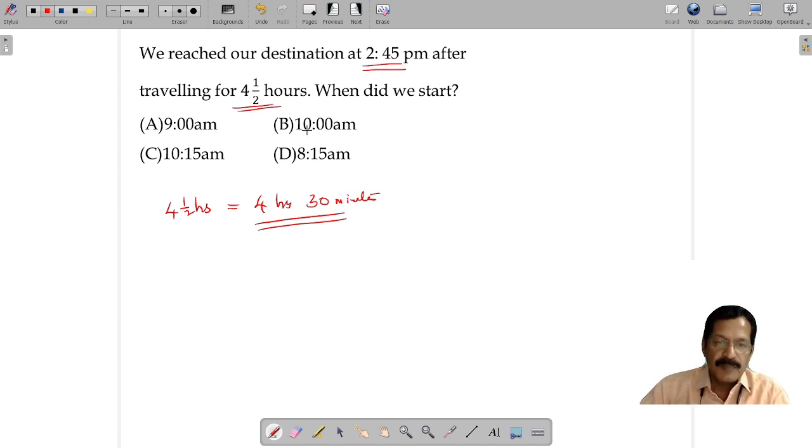Because if we start at 10 a.m. and travel 4 hours and 30 minutes, we will reach the destination at 2:30 p.m. Option C, 10:15 a.m. Starting at 10:15 a.m. and traveling 4 hours 30 minutes, we will reach the destination at 2 hours and 15 plus 30, 45. So 2:45 p.m. So option C is the correct answer. This is the way of converting hours into minutes and answering the question.